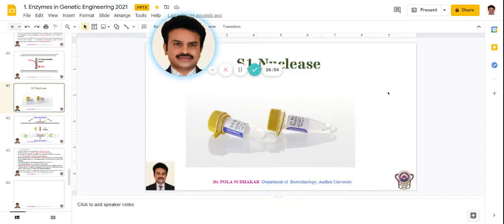Next enzyme used in genetic engineering is S1 nuclease. The S1 nuclease enzyme is a single strand specific endonuclease which cleaves DNA to release 5' mononucleotides and 5' oligonucleotides.